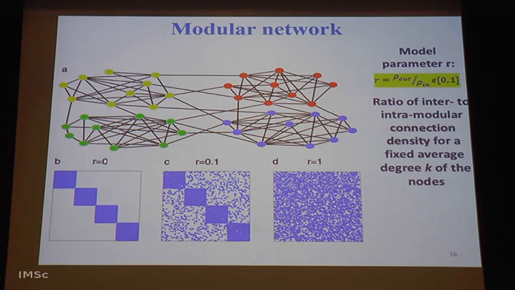If R equals 0, all modules are isolated, with no connection between them. If R equals 1, it is a homogeneous random network mixing, so everyone can have contact with anyone. For R equal to 0.1, it is in between the two extreme cases: within a module, individuals have strong, intense connections, but with other module members they are sparsely connected.